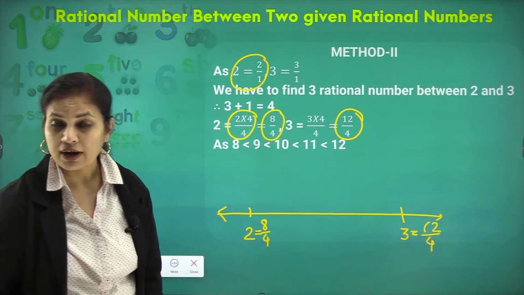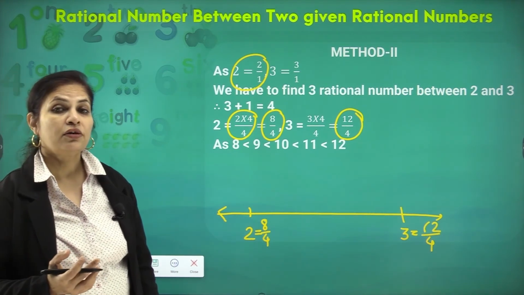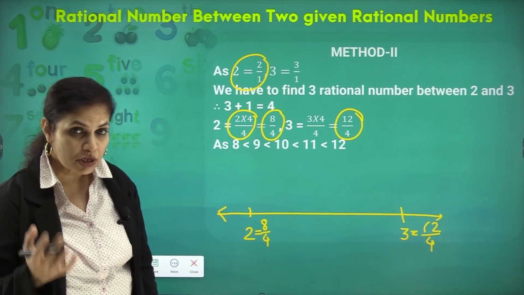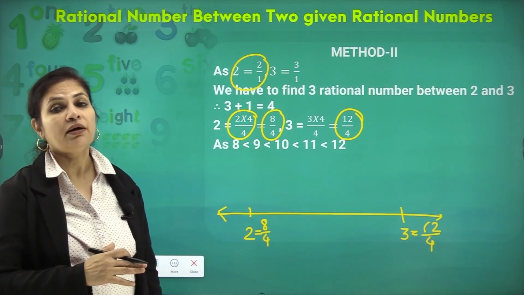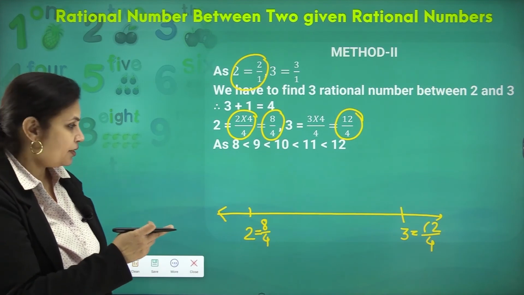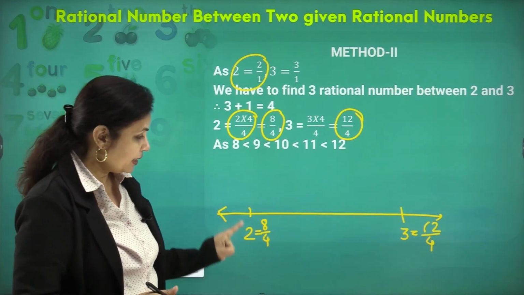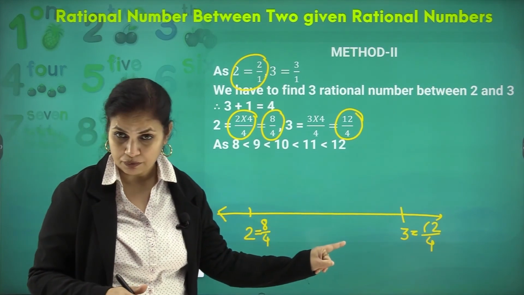Why this 4? Again I am reminding you, we make the denominator equal to 1 more than the number of rational numbers required to be fitted in between the two given numbers. So, I have to insert numbers between 8 upon 4 and 12 upon 4.